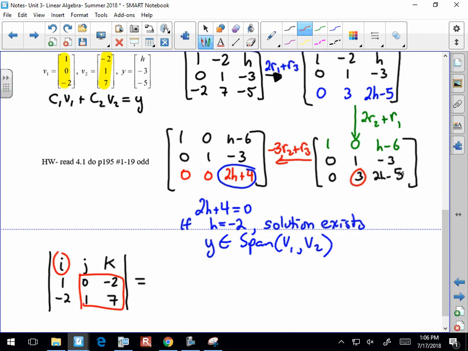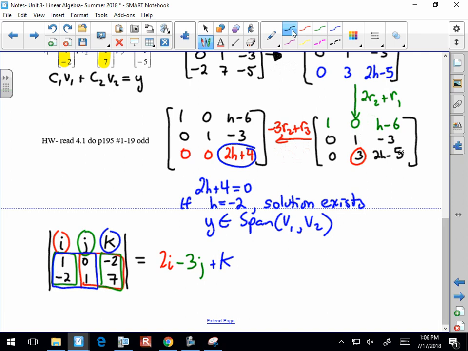So 2i, so 7 minus 4 is 3, so negative 3j, and then k would just be 1, so plus k.